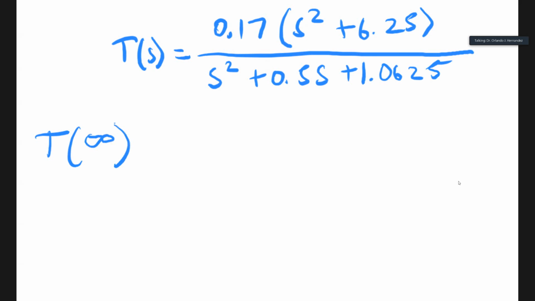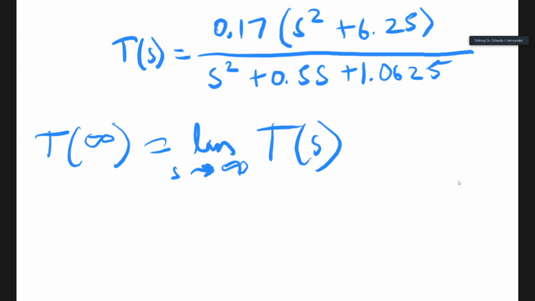I'm not going to do it here, but if you remember your calculus, the L'Hopital's rule, as you take the limit as s goes to infinity of T of s, you apply the L'Hopital's rule and differentiate, and what you're going to see is that the ratio approaches 1.